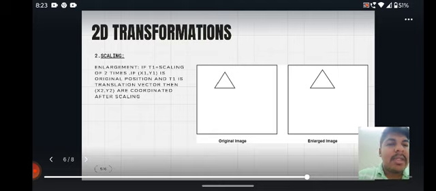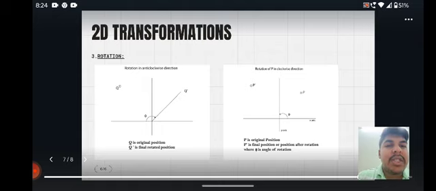Next is rotation. Rotation is moving the position of a point or a figure from one point to another by specifying the angle between them. Rotation can be of two types: anti-clockwise and clockwise. In the anti-clockwise diagram, Q is the original position on the left side.